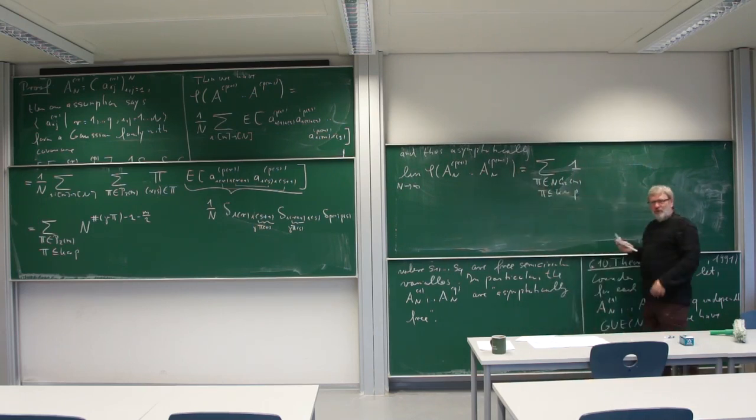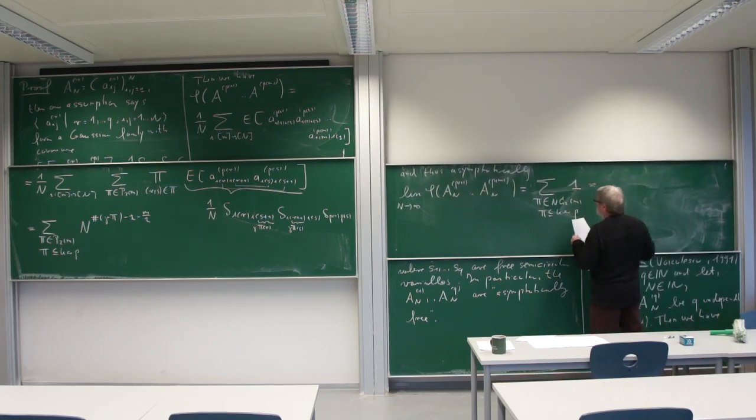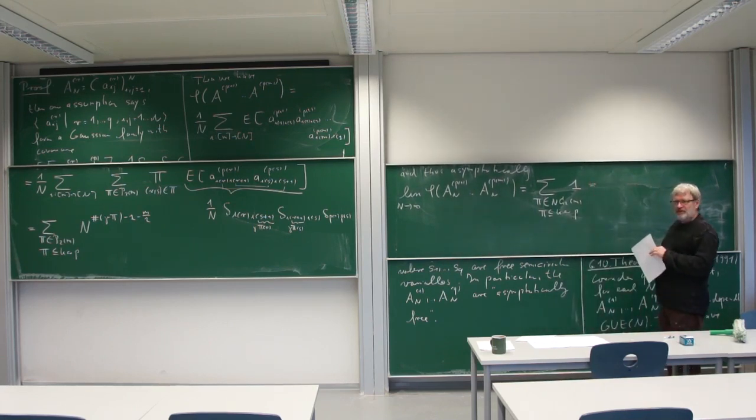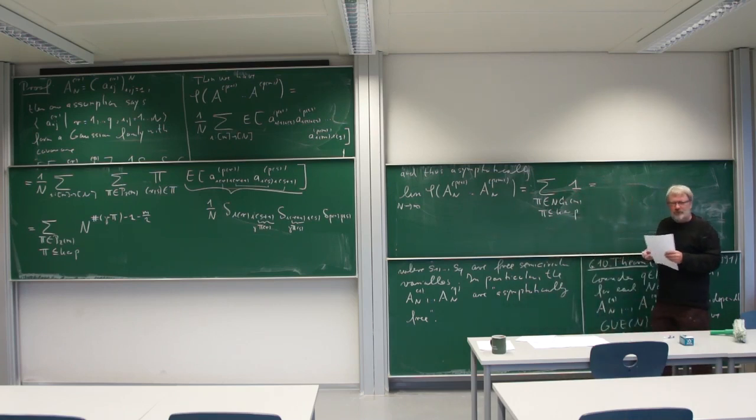Okay, before we had all the p's were the same, we didn't have this, and this was just the nth moment of the semicircle. But now, of course, what I have here is the moment of the corresponding product of semicircles. Because you can also see this as the moment-cumulant formula for this product. No?